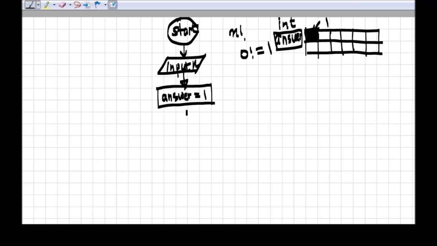Now next, what I'm going to do is a little bit tricky, so I'm going to explain it here. Let's say we are doing 4 factorial. What's happening in your brain when I ask you, please do 4 factorial, give me an answer for 4 factorial? You will say, okay, it's 1 times 2 times 3 times 4.